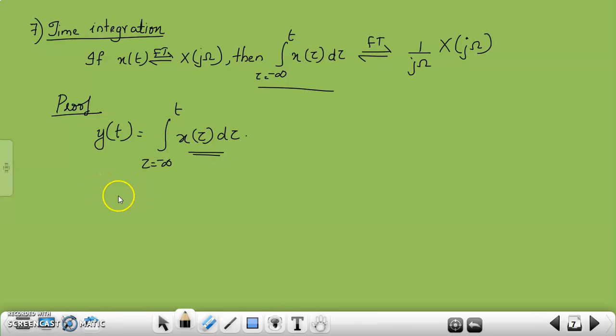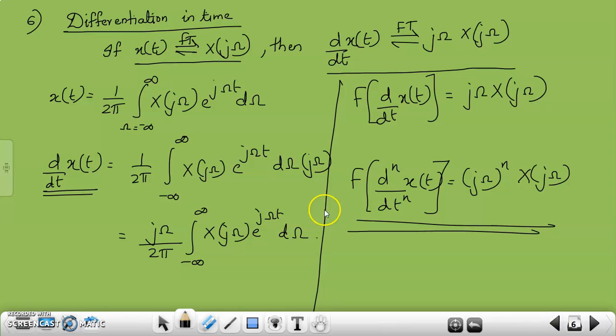If I am taking d by dt of y of t, then I will be getting x of t. So x of t is equivalent to d by dt of y of t.